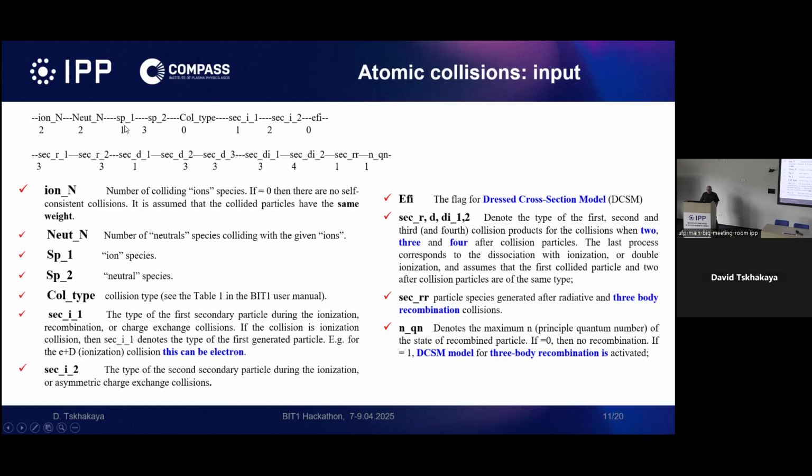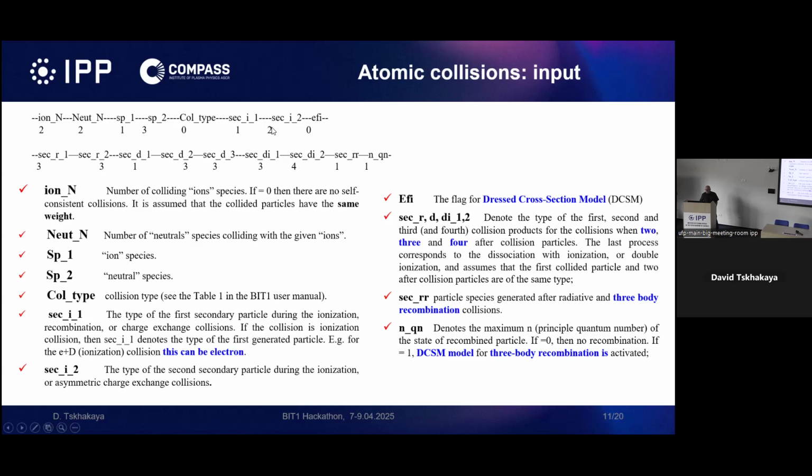Now these parameters define the colliding particles, first and second particle. Even for, let's say, 3-body recombination, this defines the 2 electrons or 2 first particles, because the code knows that it's 3-body recombination, so the first particles should be taken from here. This defines the collision type. 0 in this case means electron collision with deuterium hydrogen isotopes. The rest define the outcoming particles.